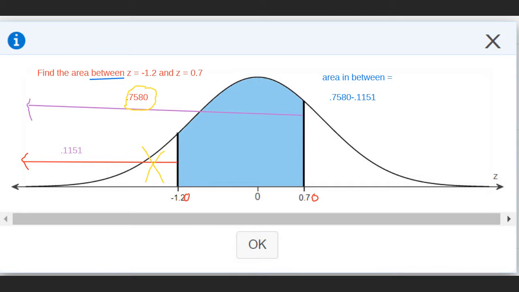I'm going to use my calculator. 0.7580 minus 0.1151. So I'm taking the larger area and subtracting off the part of it I don't want, and I get 0.6429. And that will be the answer.